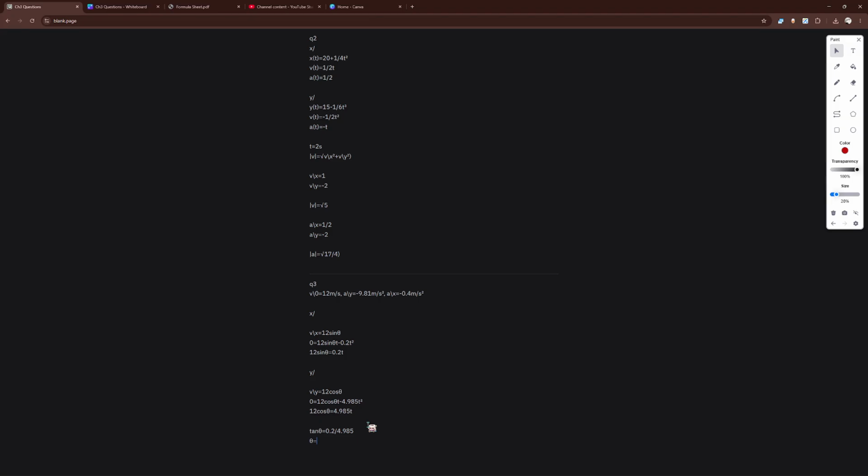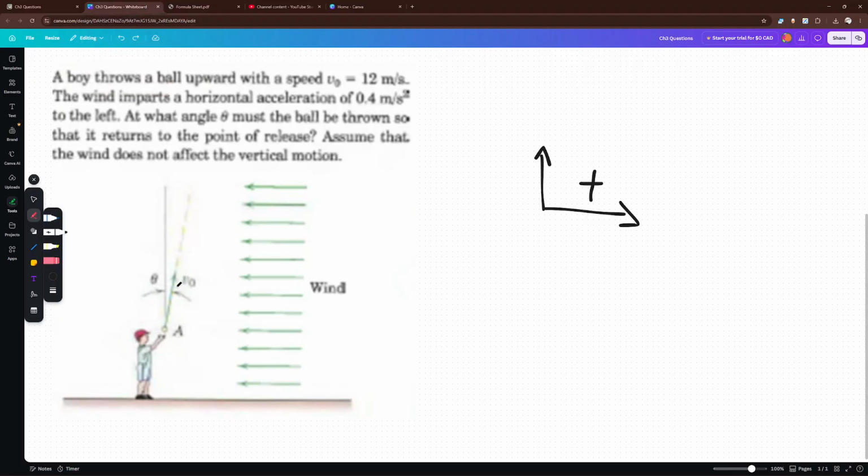Theta equals 0.2 divided by 9.81 over 2. Okay, so we get a theta of 2.33, and I have degrees on now. So if he wants the ball to come exactly right back into his hands from where he threw it, he has to throw at an angle of 2.33 degrees.